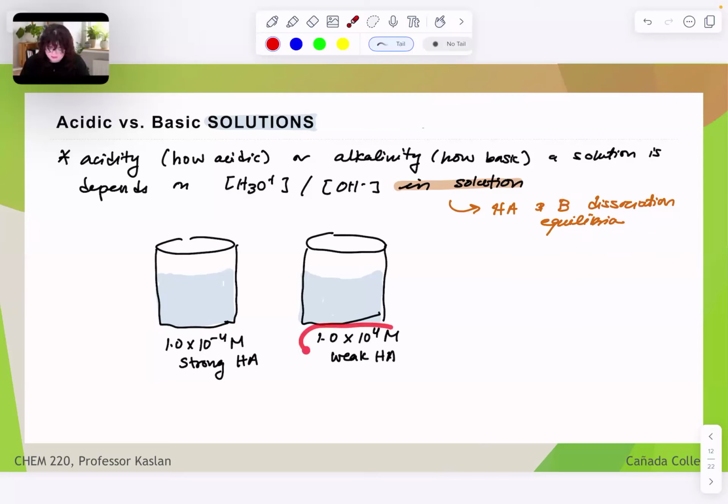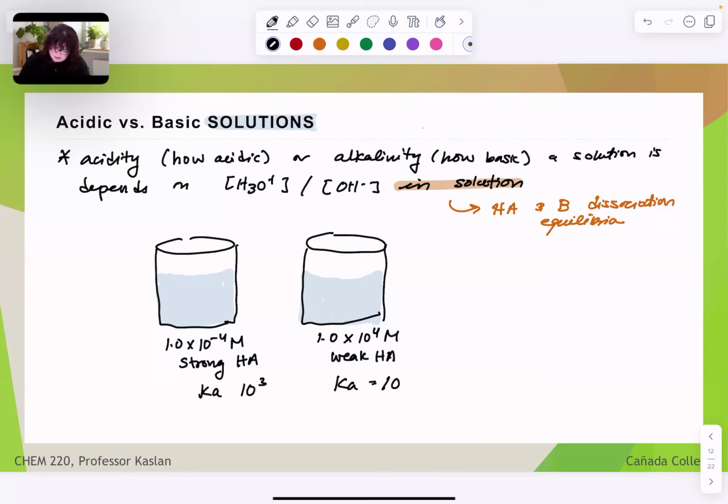But in this extreme example here, assuming not an insane disparity in Ka values, let's say this had a Ka of 10 to the 3 and a Ka of 10.